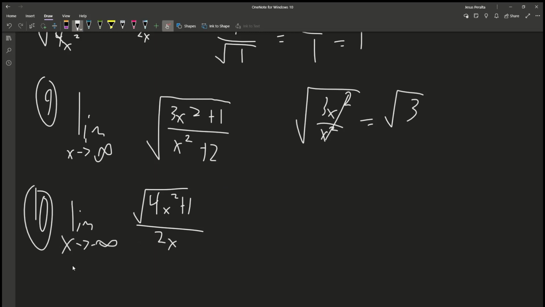So then, this is the same thing as the square root of 1 over 4x squared, which is the same thing as 1 over 2x. So we're going to multiply. Let me see if I even wrote that right for number 10. Yes, I did. Then we multiply the square root of 1 over 4x squared times... oh, and it's negative.